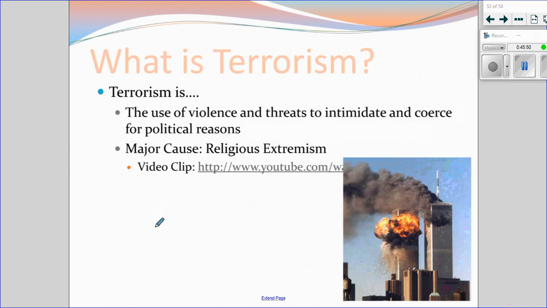Terrorism is the use of violence and threats to intimidate and coerce for political reasons. One major cause is religious extremism. So you have Al Qaeda, a terrorist organization that launched attacks against the United States, flew planes into the World Trade Center, and flew a plane into the Pentagon. One plane went down in a field in Pennsylvania.